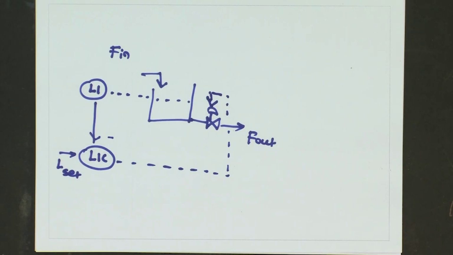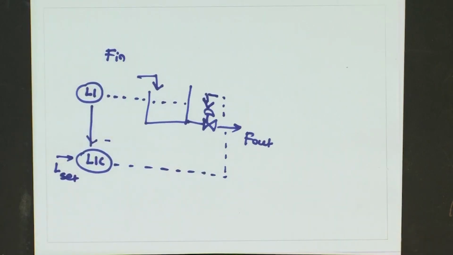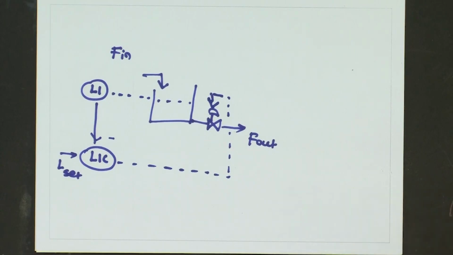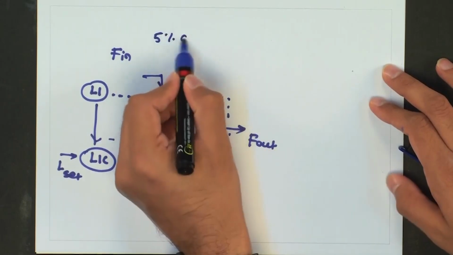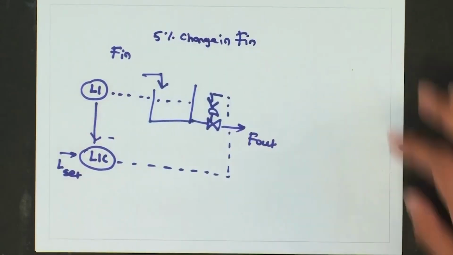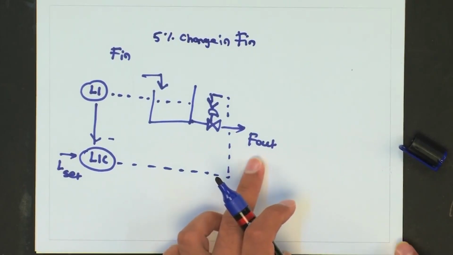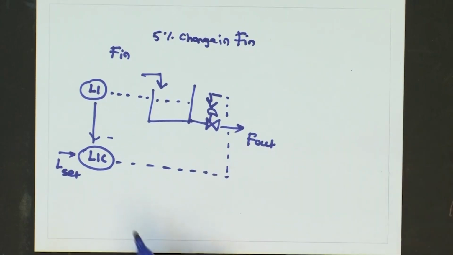We had seen this particular system: if there was a 5% change in the inlet, the control system was able to change the outlet flow rate such that the height eventually remained at 50%.